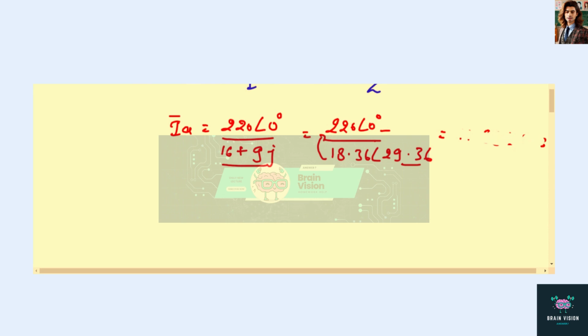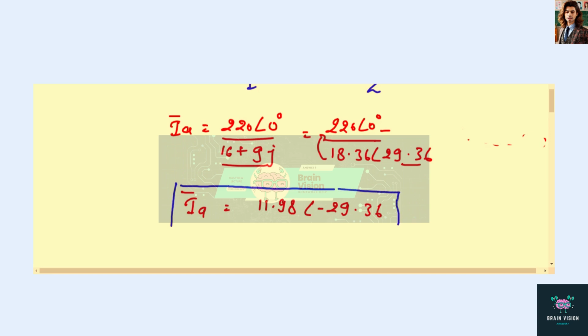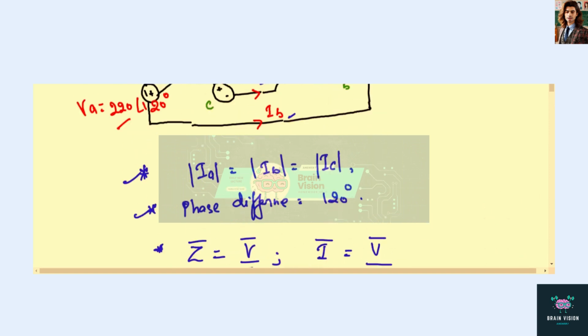The final IA is 11.98 angle minus 29.36. So this is our IA, our line current. The question only says that we have to find the line current. Which line is not specified, but you can find all the other line currents by following these two points.